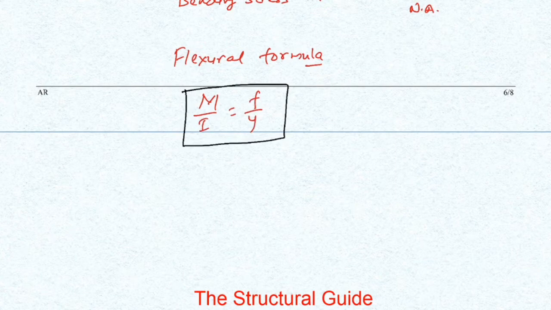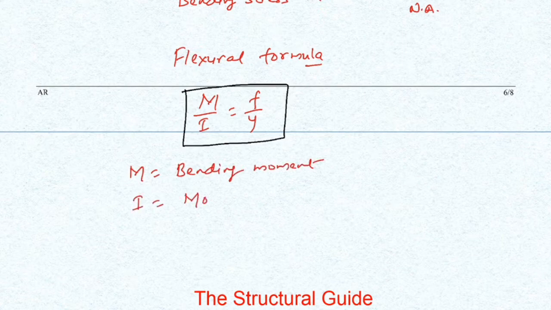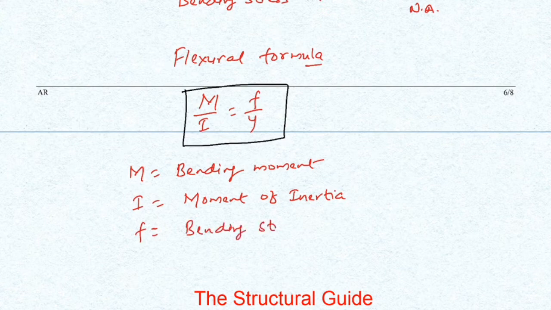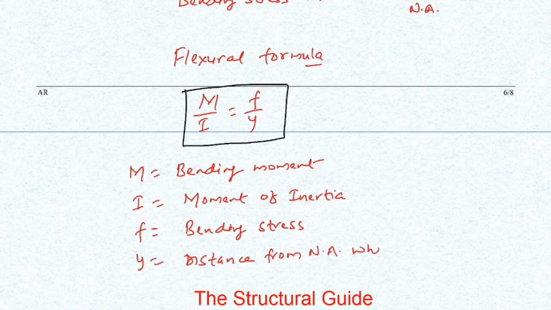In this formula, M equals bending moment, I equals moment of inertia, f equals bending stress, and y equals distance from neutral axis where bending stress is desired, right?